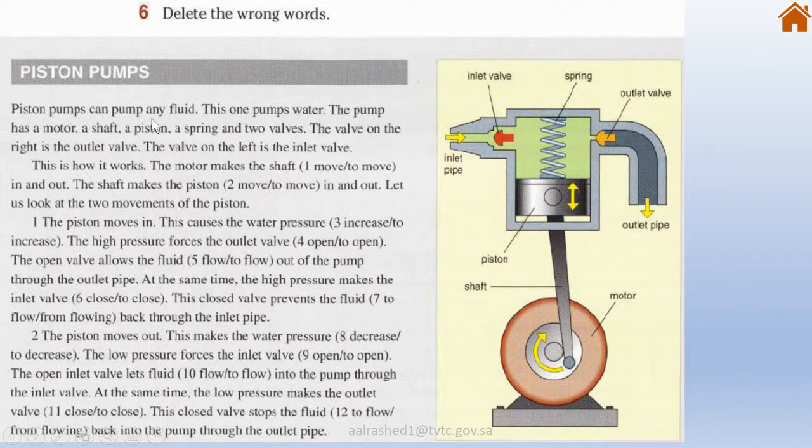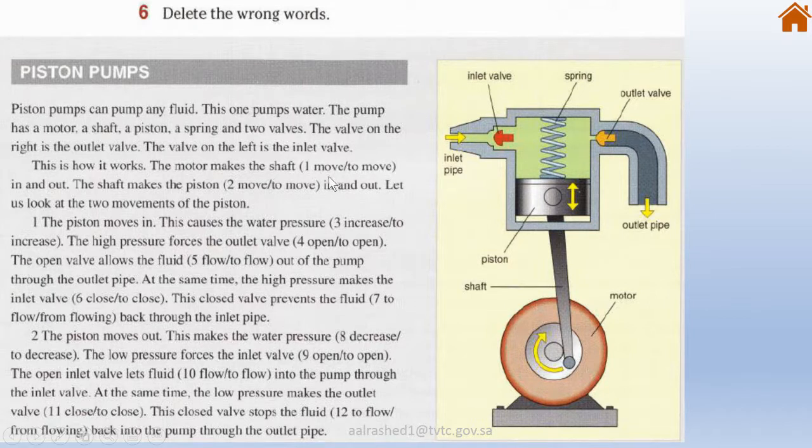Piston pumps can pump any fluid. Fluid means liquid, like water. This one pumps water. The pump has a motor, a shaft, a spring, and two valves. The valve on the right is the outlet valve. The valve on the left is the inlet valve. This is how it works. The motor makes the shaft.